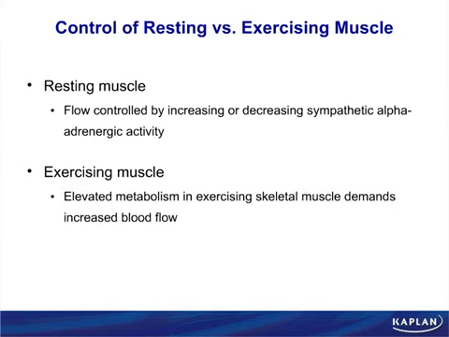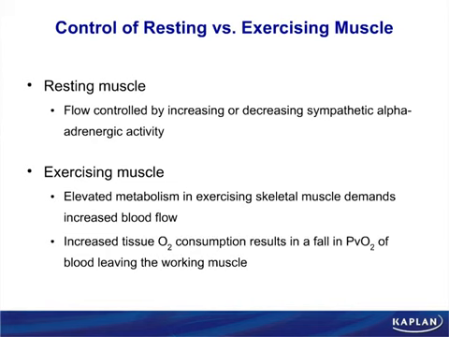When skeletal muscle is exercising or working, there's a big increase in O2 consumption, which, think Fick, is going to cause a fall in venous oxygen. The blood leaving that working muscle is going to have a low venous oxygen because we're going to increase extraction.